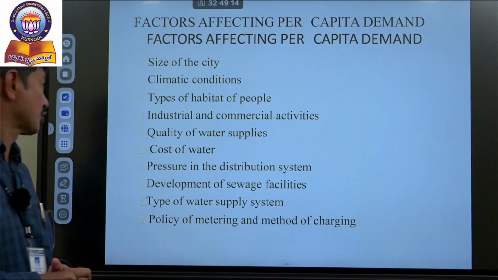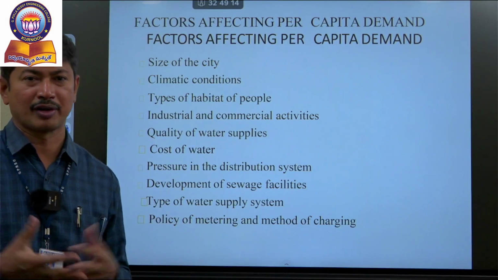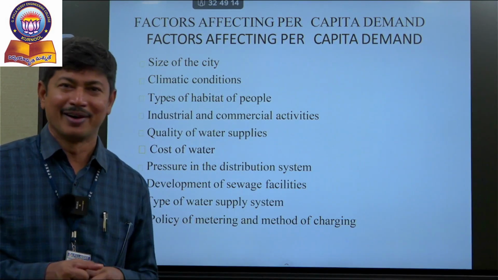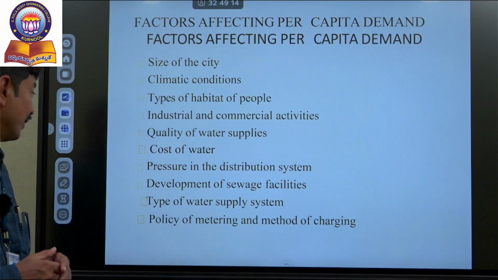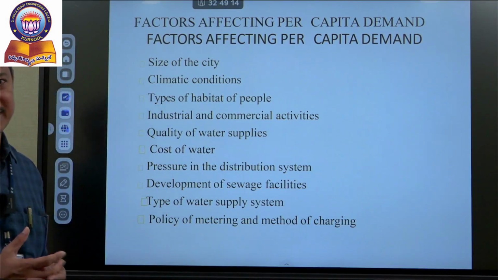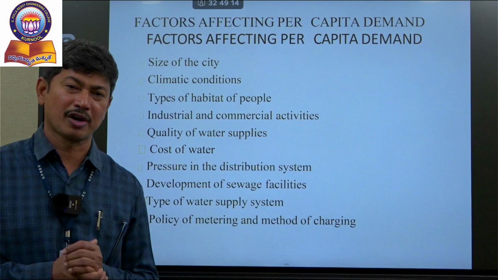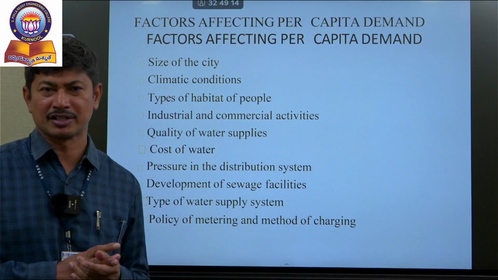And pressure in the distribution system: more pressure requires more water when compared to less pressure. And cost of water: if cost is high, demand is less, and if cost is less, demand is high. And development of sewerage facilities: if more sewerage facilities are available, more water is required to maintain all the sewerage facilities along the sewer lines.